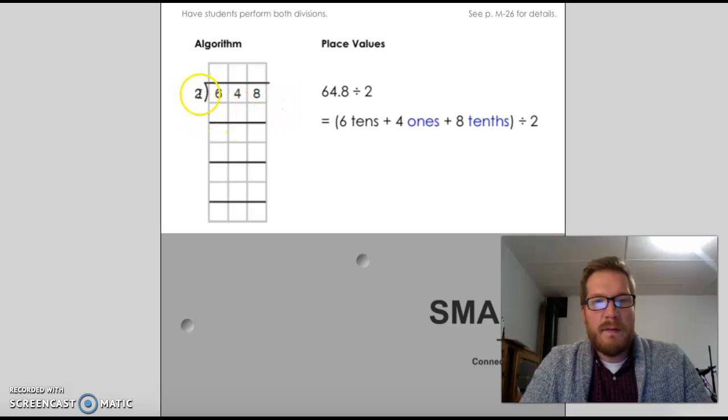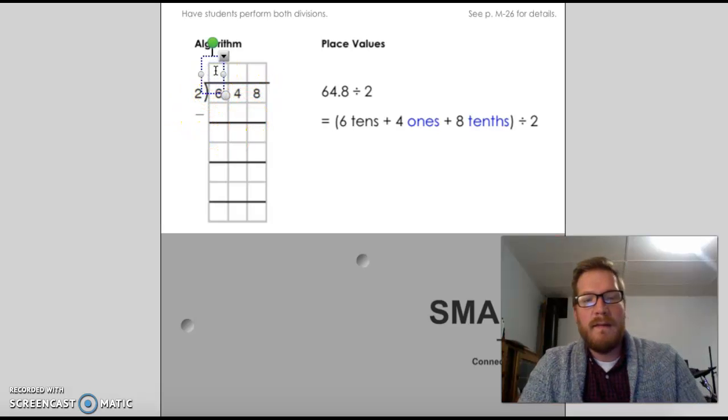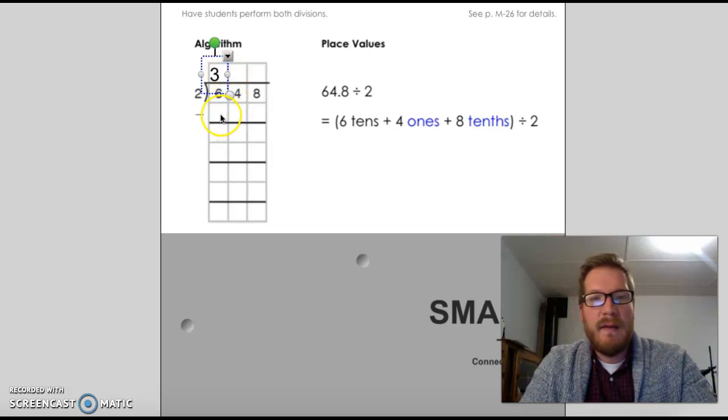Our 2 is our divisor, 648 is our dividend, and so we can start seeing, well, 2 goes into 6 3 times. I'm going to try and shrink this text down a little bit.